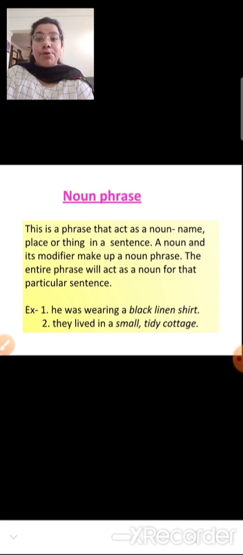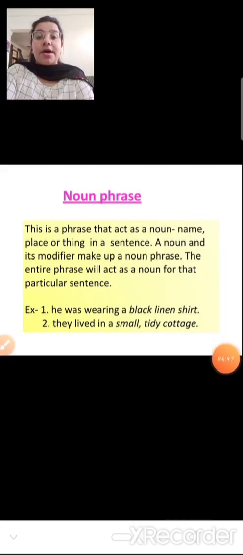Pinky loves pink flower. If I say Pinky loves flower, I'm not describing the noun flower here. But if I say Pinky loves pink flower, I have specially added pink to tell you that she only loves pink flowers. That is the describing word which describes the noun.